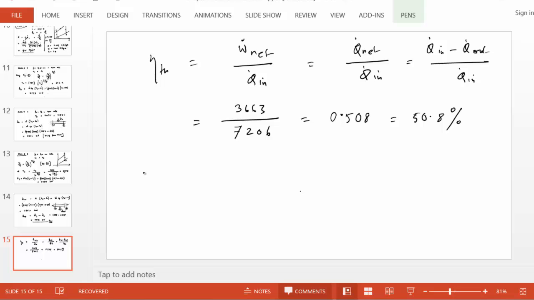And what is back work ratio? Back work ratio is the amount of work that is consumed back. The turbine produces so much more than the compressor, so it tells you how much of the work produced by the turbine is eaten up by the compressor.